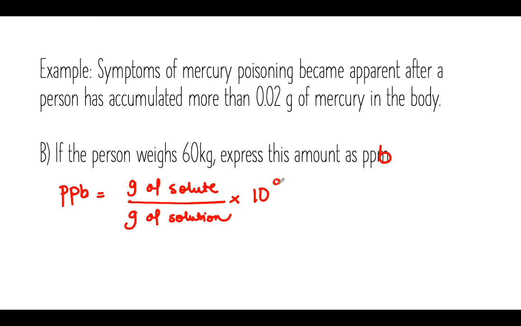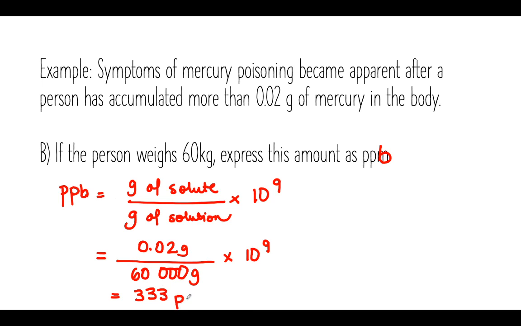So my grams of solute is 0.02 grams divided by, as I saw in the previous question, 60 kilograms, which is equal to 60,000 grams, times 10 to the power of 9. So 0.02 divided by 60,000 times 10 to the power of 9 will give me 333 parts per billion. But to be consistent with my significant digits, I've got one significant digit in my question, so I would round that to 300 parts per billion.